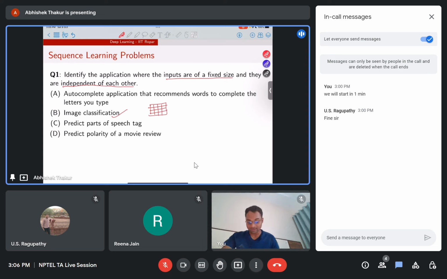If we take two images, the image of a car and the image of a bicycle, there is no relation between them. Both are independent of each other. The models are trained accordingly. So for question number one, option B is correct, that is image classification.